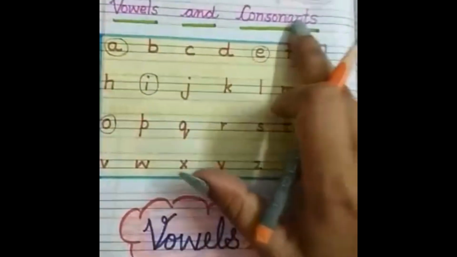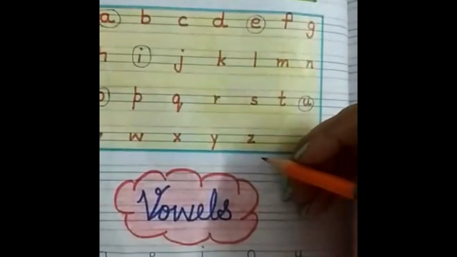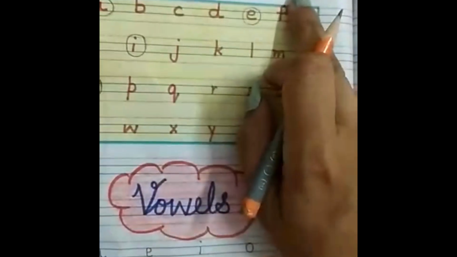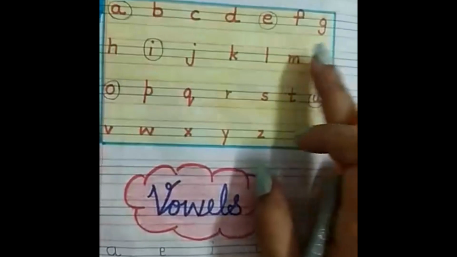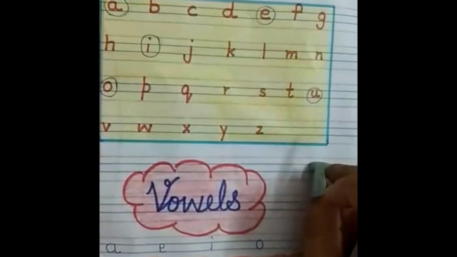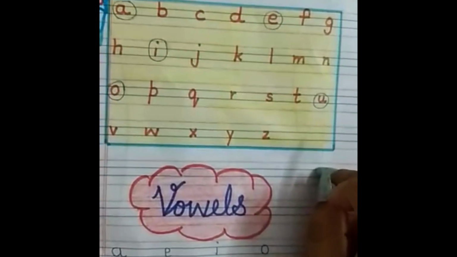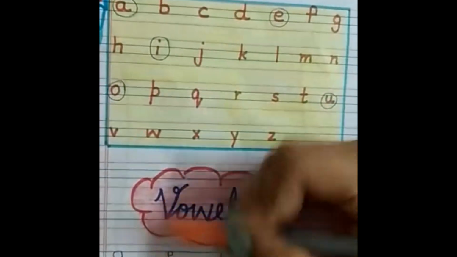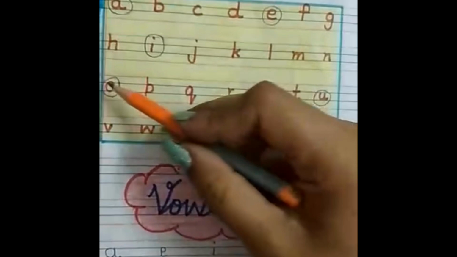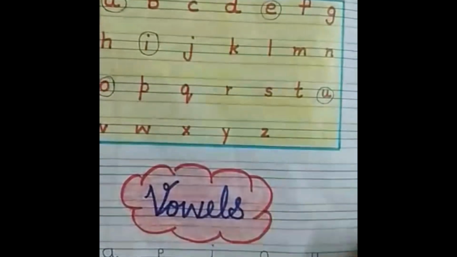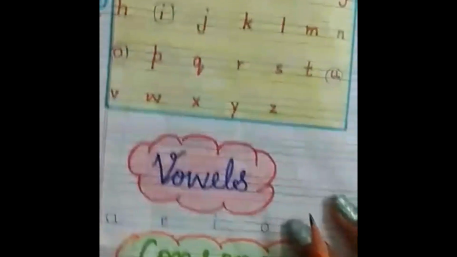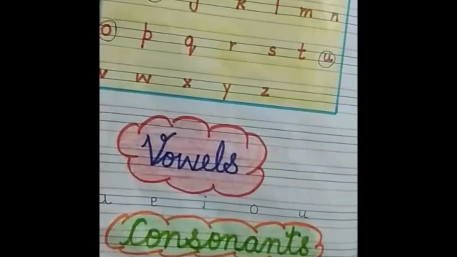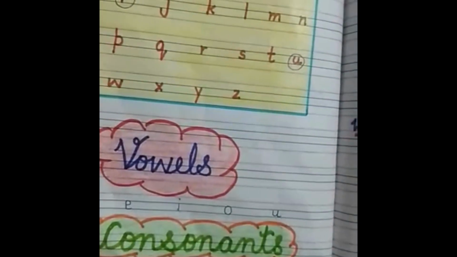Vowels and consonants. You have to do a few worksheets on vowels and consonants. There are 26 letters in the English alphabet family. Letters A, E, I, O, U are vowels, and all letters other than vowels are called consonants.